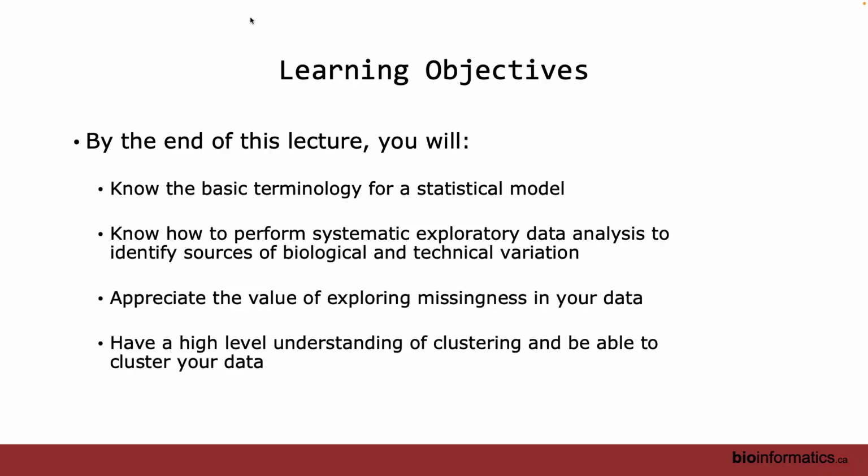So we're going to talk about how to perform exploratory data analysis, or EDA, to identify sources of biological variation and technical variation. Then we're going to talk about exploring missingness in your data, right? So some assays, you're not going to have any missing data whatsoever.